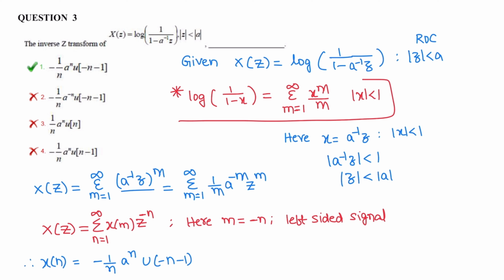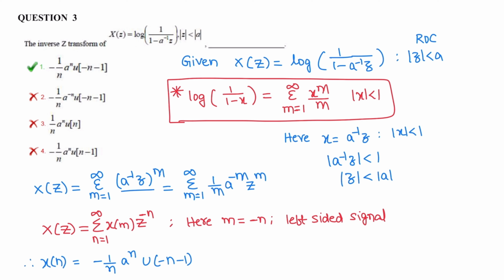So using this formula, try to expand the given function. Here x is equal to a inverse z, for mod x less than 1, mod of a inverse z less than 1. So we will get mod z less than mod a.